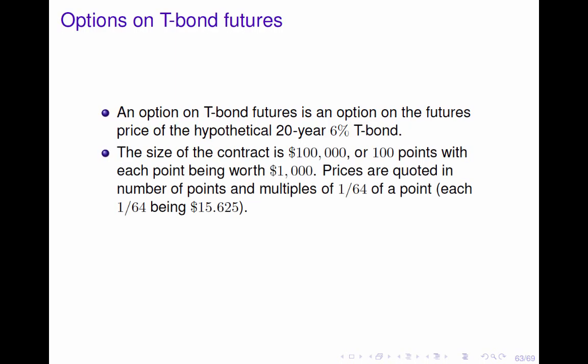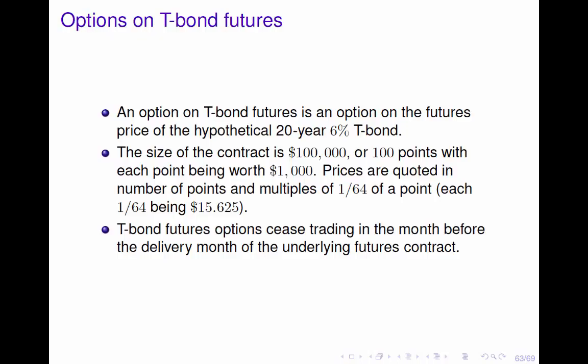The size of the contract is $100,000, or 100 points, with each point being worth $1,000. Prices are quoted in number of points and multiples of 64ths of a point, each 64th being $15.625.